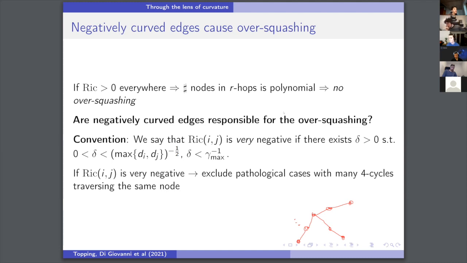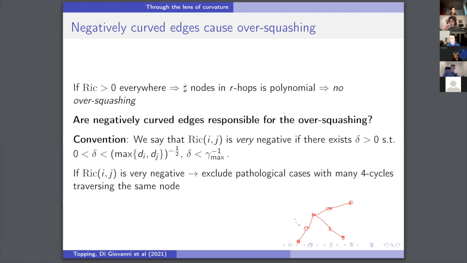There is an important point. It's not simply about being positive, there has to be a lower bound. Your example does not satisfy that, because you are requiring this polynomial behavior. I don't remember exactly the asymptotics of Peng's paper, but you have to be larger or equal than some, however small, positive number along each edge to get the polynomial volume growth.